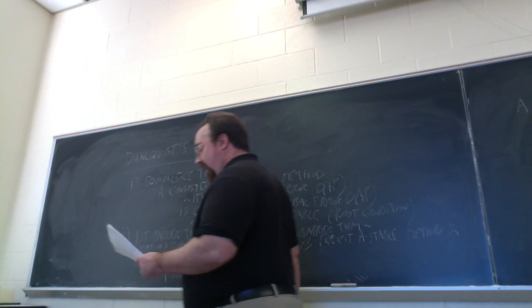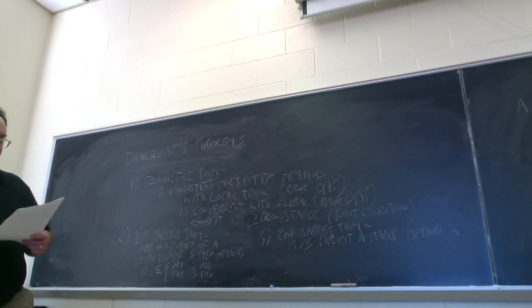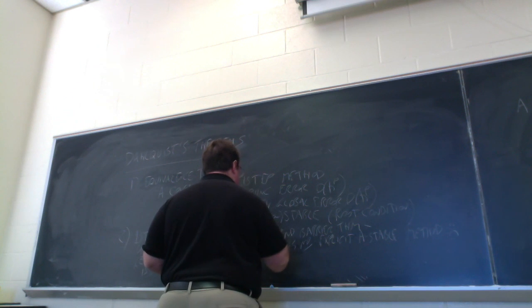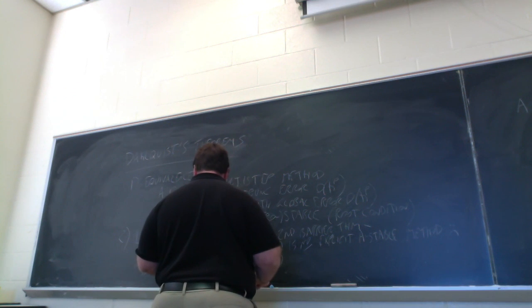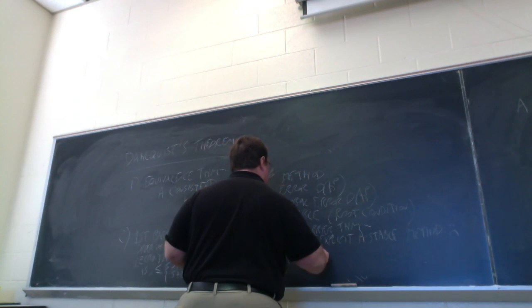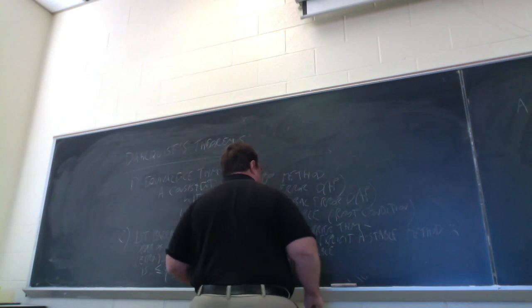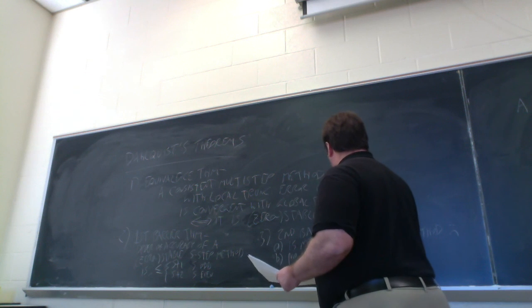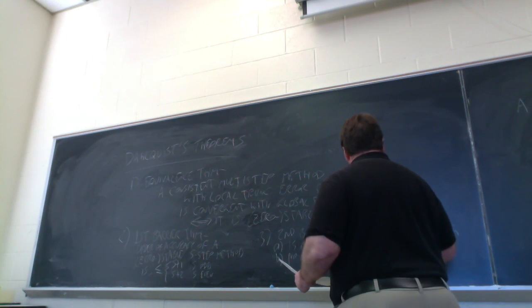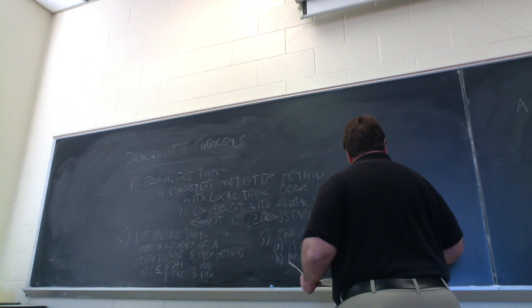That's, I guess we'll call it part A. Another statement it makes is there's no such thing as an A-stable method that has an order of accuracy greater than 2.